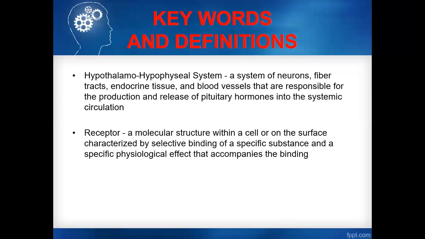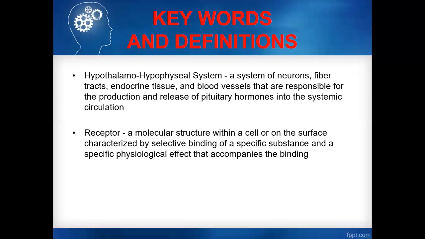Now I have to put emphasis on the phrase here, a structure within a cell or on the surface of the cell, because hormone receptors may actually be found inside the cell or on the surface of the cells. There are receptors, for example, receptors for thyroid hormones, which are found on the nucleus.